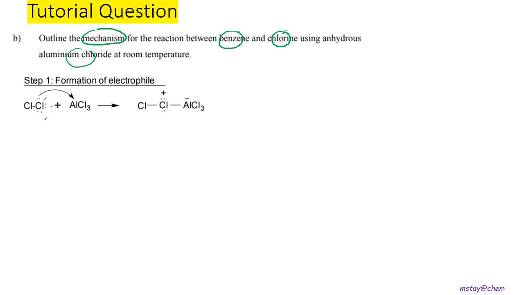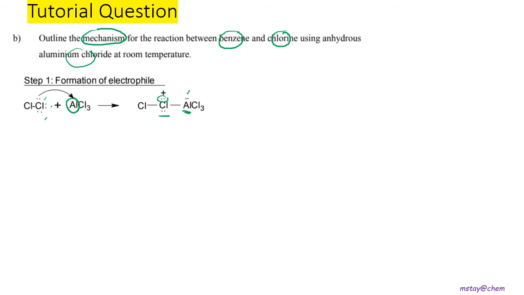One of the lone pairs will be given to the aluminium, because aluminium in this case still has an incomplete octet. So the chlorine, which had 3 lone pairs but now shares 1 pair with the aluminium, becomes 2 lone pairs, so the charge will become positive. And the aluminium now has an extra electron, so it becomes negatively charged.